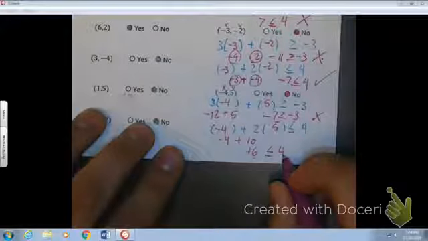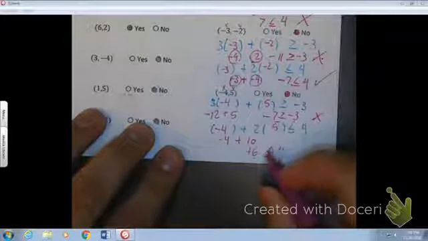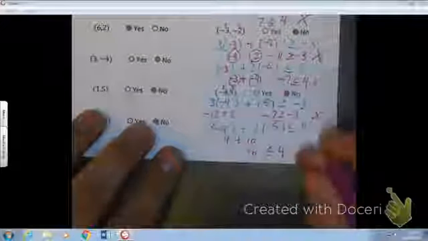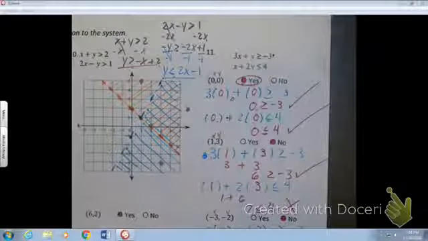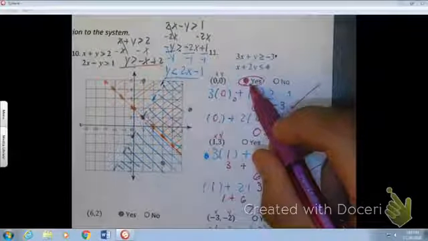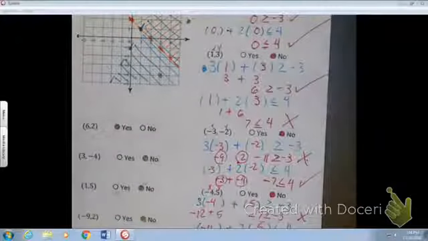No. 6 is not less than 4, so this would not work out either. So the only answer for number 11 that was correct is the first one, 0, 0. But you must have all this work to show your answer.